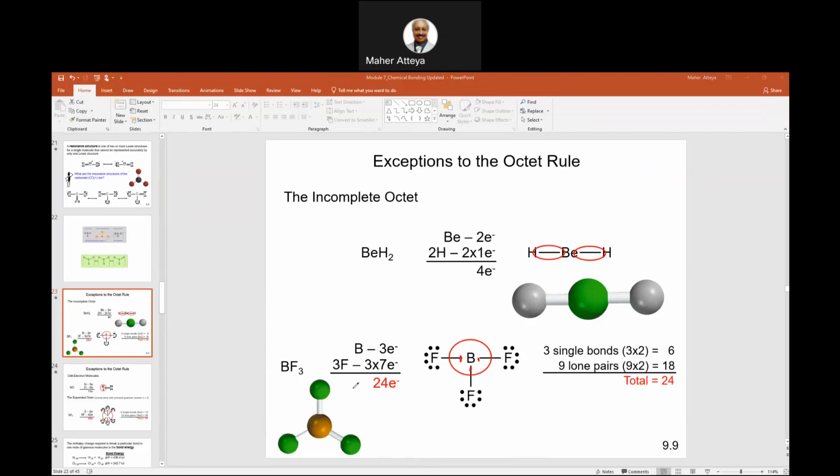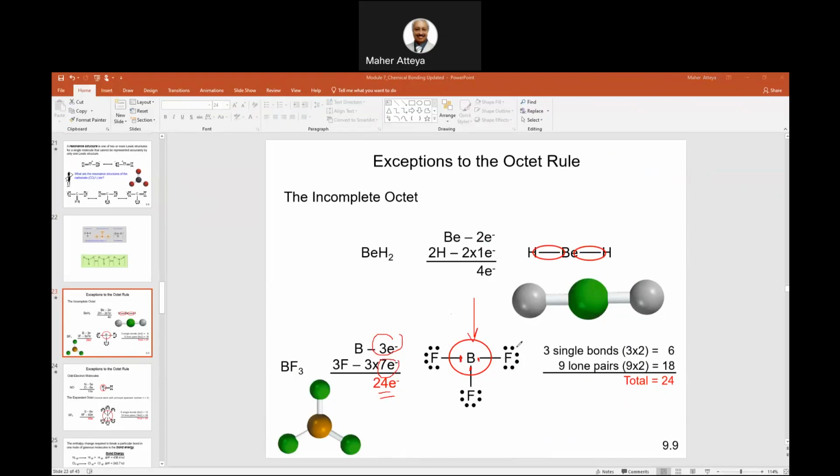So if you look at the boron, it is 3 electrons, and fluorine is 7. Here's 7 multiplied by 3. So the sum of all the electrons is 24. So you have 24 here. So you have 3 single bonds, and you don't have an octet for boron. Boron has 1, 2, 3, 4, 5, 6. We always consider the octet rule for the central atom.